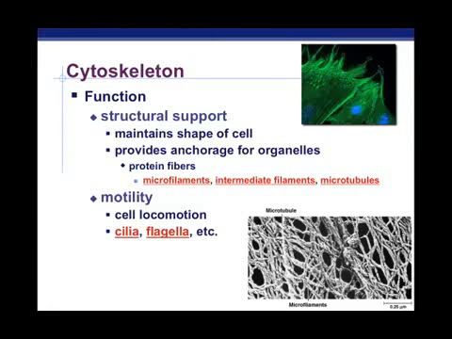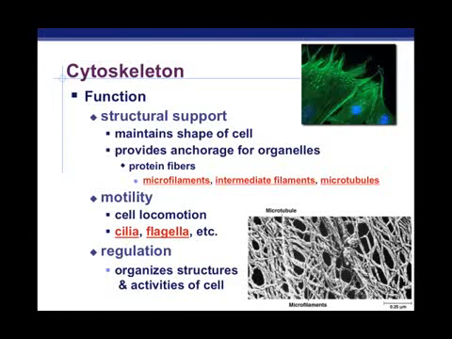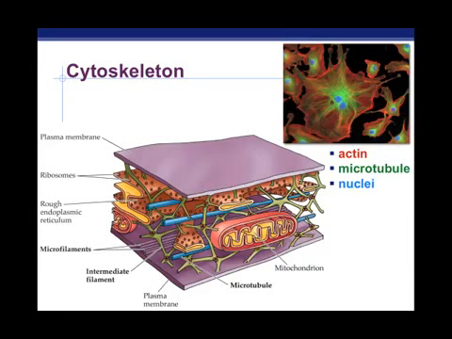Cilia and flagella are 2 examples of cytoskeleton tissue that help move the cell or move things along inside the cell. The cytoskeleton is important for regulation of what goes on in the cell. And here's a little picture that sort of shows what it looks like and how it anchors all the organelles inside. And the picture on the upper right shows cells that have died, and you can see the skeletal network inside each of the cells.